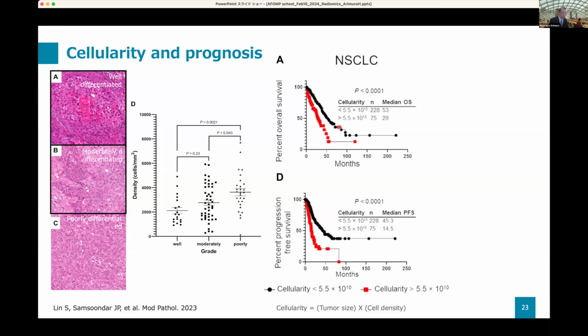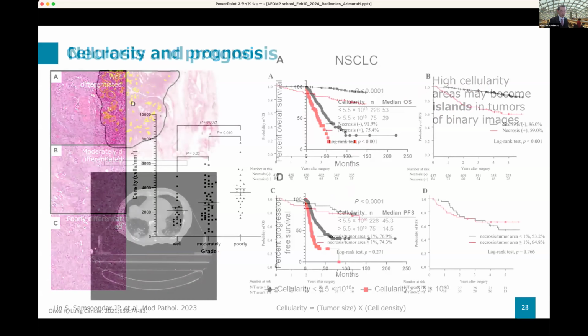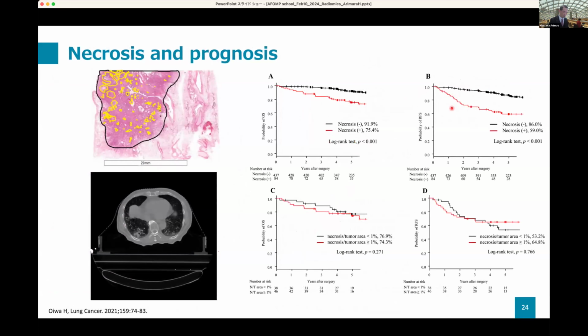So in this case, high cellularity areas may become islands in tumors in binary images. This is the first evidence related to topology. Islands mean connected components in this case.